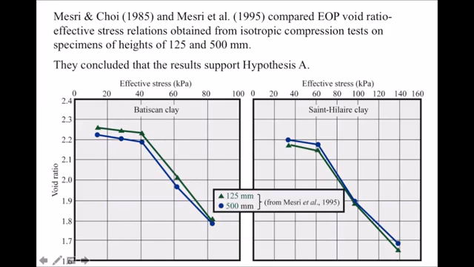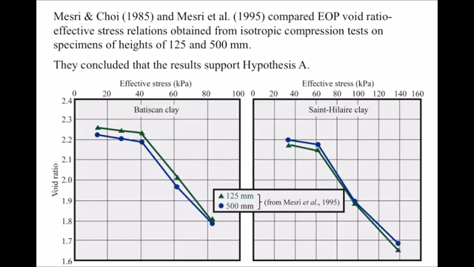The green is for the 125 millimeters and the blue is for the 500 millimeters. They considered that the two curves were similar and that this was proving that hypothesis A is the correct one.